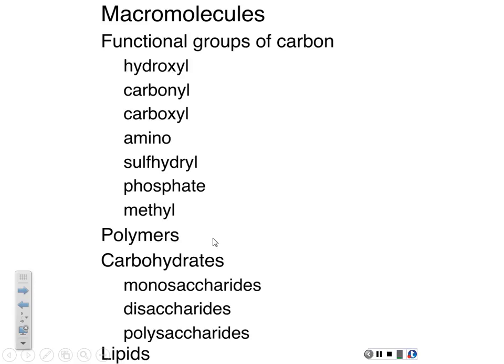A polymer is when you take a simple molecule, a building block, if you will, and you link one of those to another one of those simple molecules to make something that is twice as big as the original building block was. And then even better, you can take another one of those simple molecules and tack it on to make a chain that's 3 long, instead of just 1 long or 2 long. And then you can take another one and tack it on. That's what's going on with polymerization.